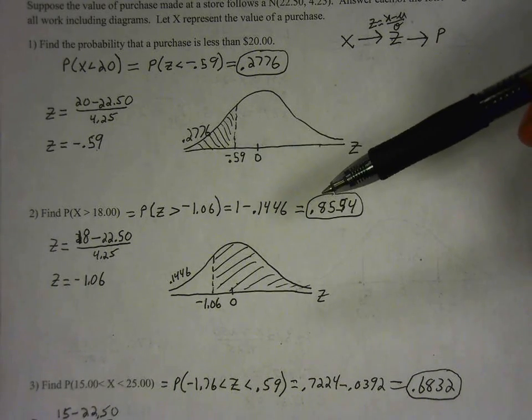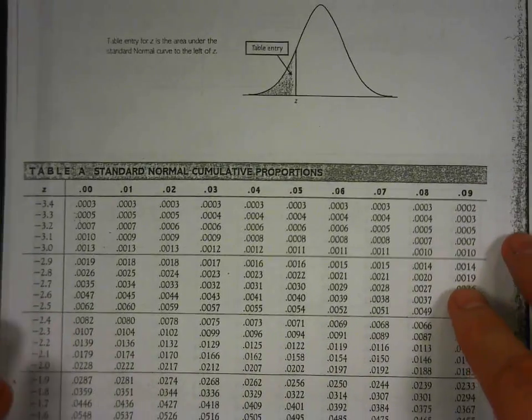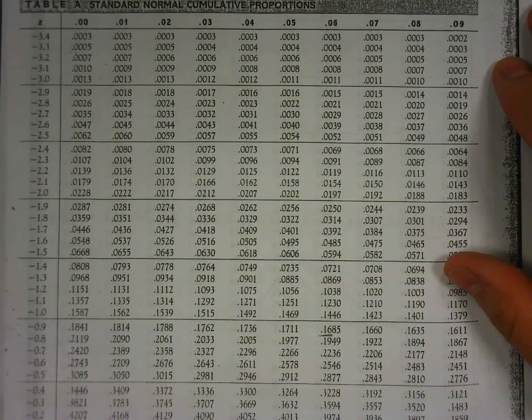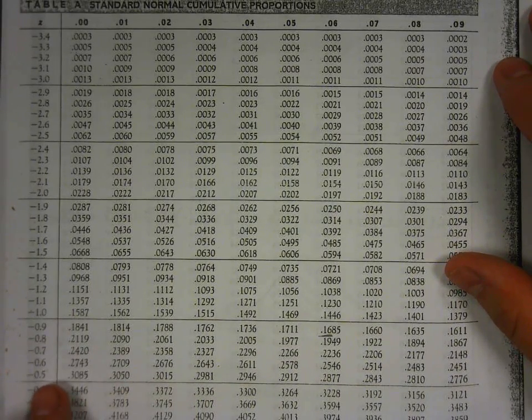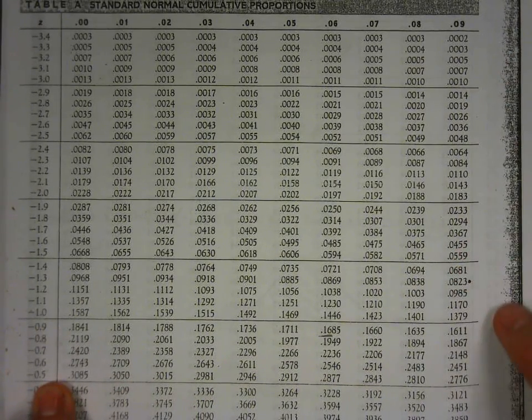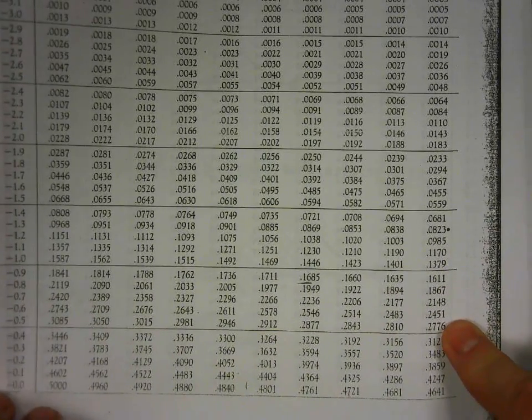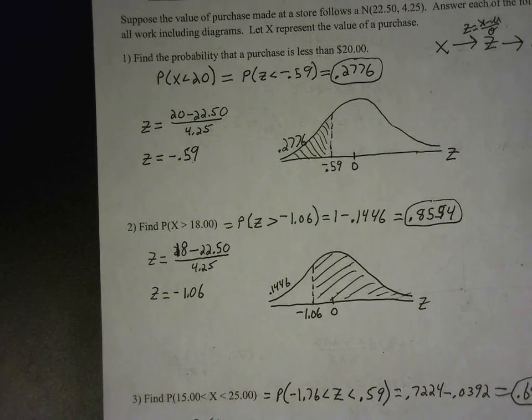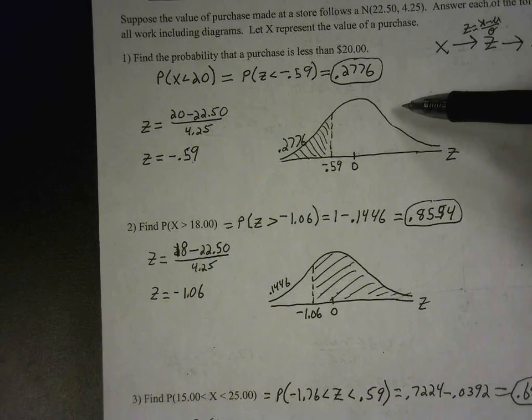When you look up negative 0.59 as a z-score, negative 0.5 is down at the bottom and the 9 is at the other end, which gives you the 0.2776 right here. That is the area to the left of a z-score of negative 0.59. So that one is straightforward.